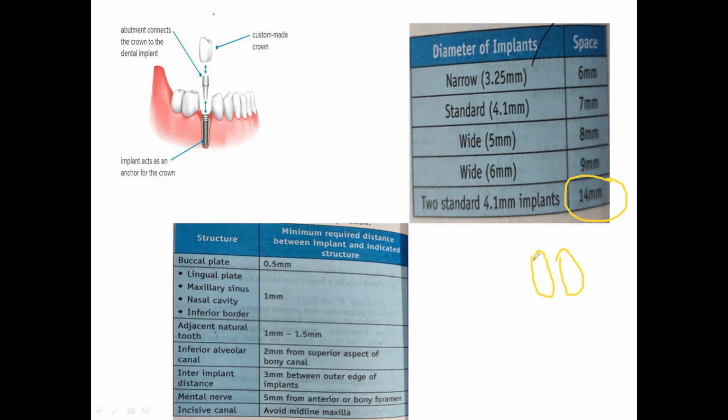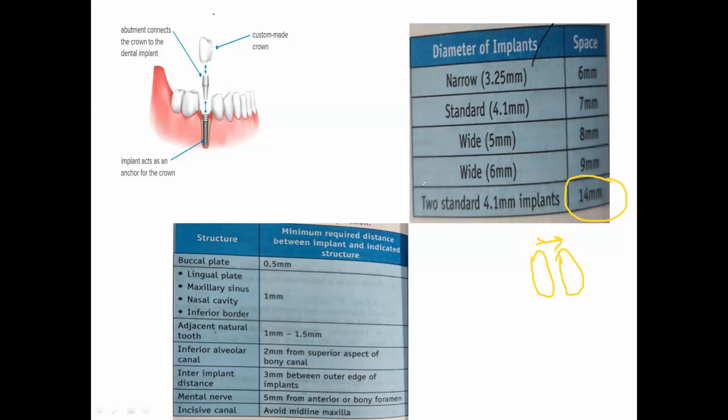So how far should an implant be from another implant? They shall be at least 3 mm away between the outer edges of the implants. I'll explain with the picture.